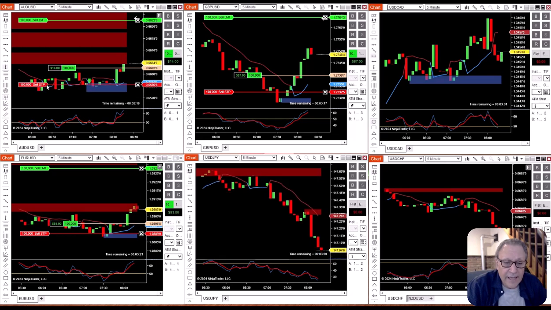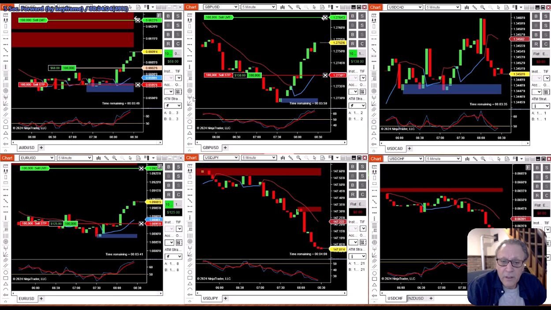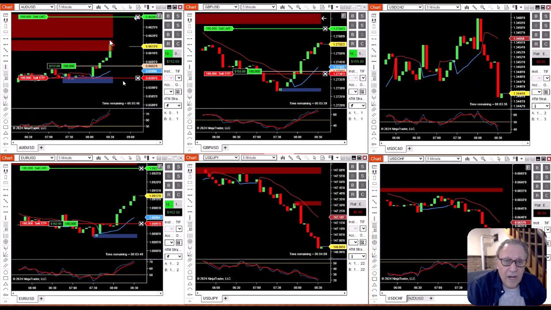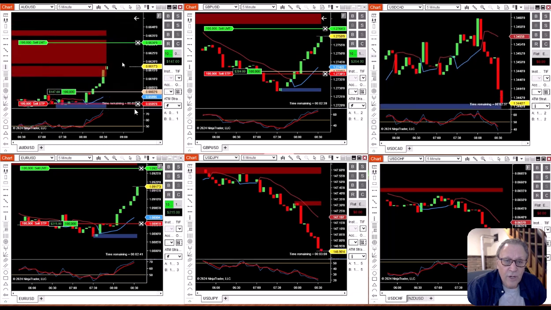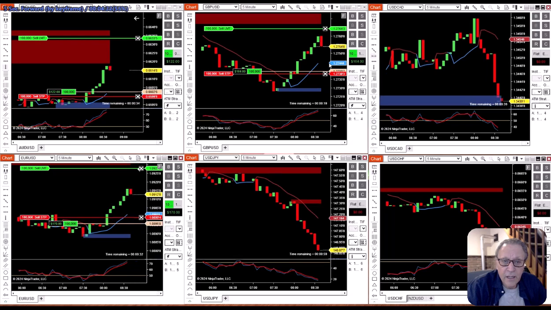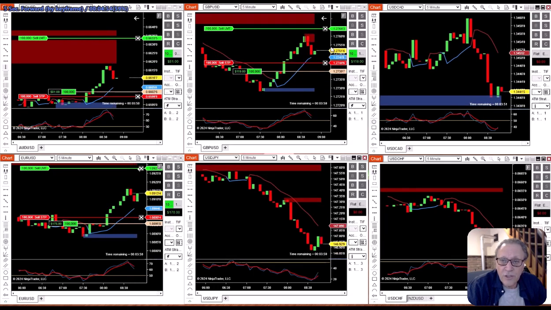So let's go ahead and adjust our stops right up to the trend lines. Beautiful. And as we get close to the zone, we'll see whether or not we can get a break of that zone, move to break even, and start to lock some profits in. And that is just what we're looking for, okay?